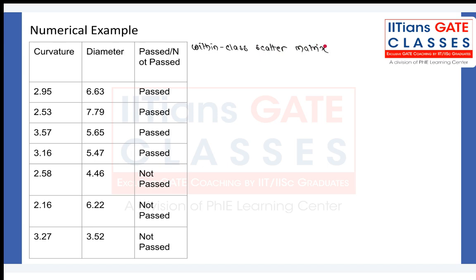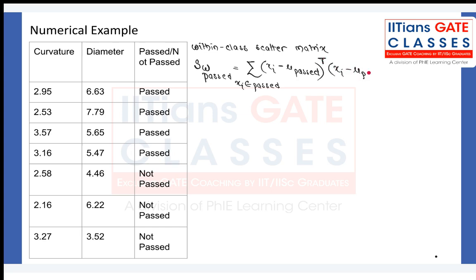For the within class scatter matrix for passed, we sum up all the data points that belong to passed, xi minus mu passed, xi minus mu passed transpose.